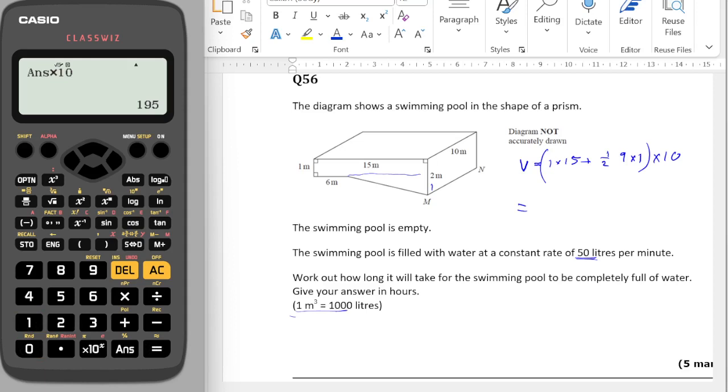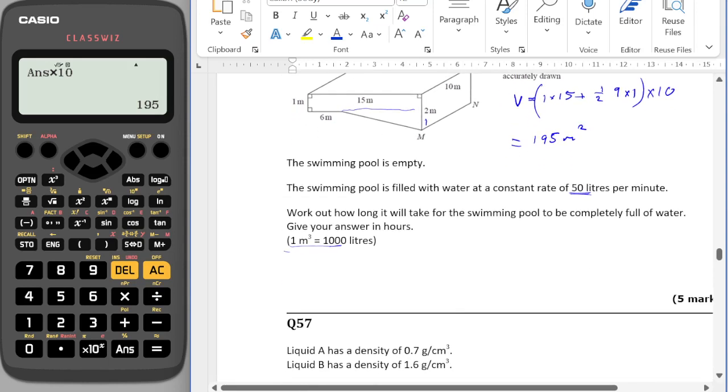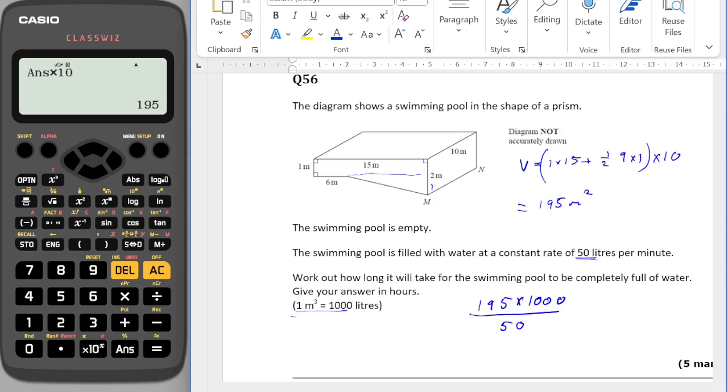So I get the volume of the tank to be 195 meters cubed. So from there, if it fills at a rate of 50 litres per minute, 195 times 1000 will give me the number of litres, and I want to divide that by 50. So times by 1000 gives us that value, divided by 50 gives us that time.